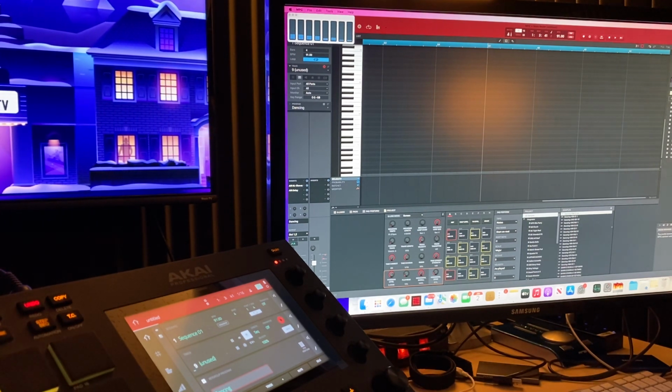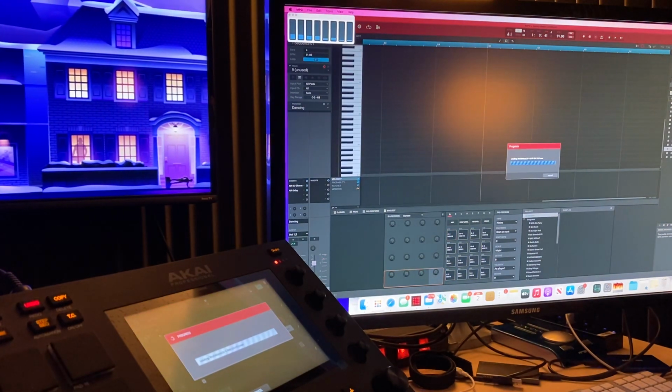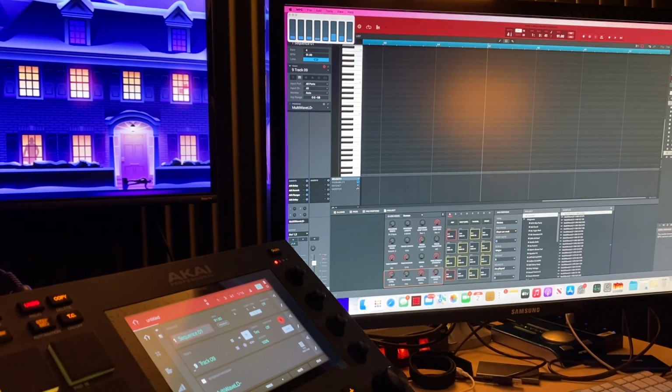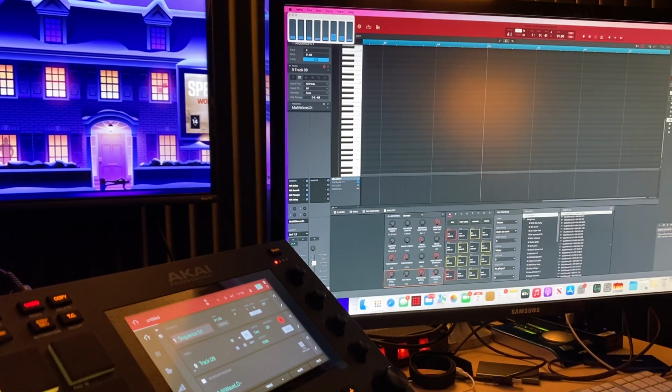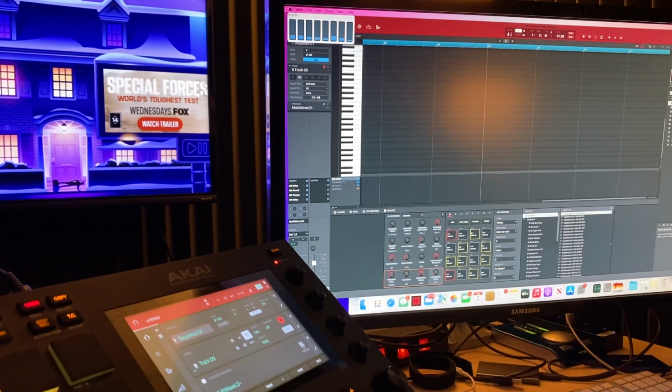Matter of fact, I'll even load a couple more key group instruments in here. I mean, this is a lot. It really actually is way more than I would do.